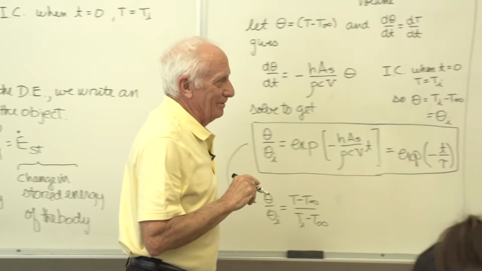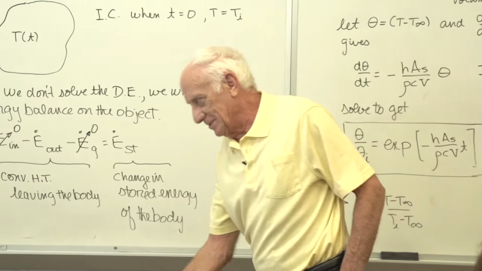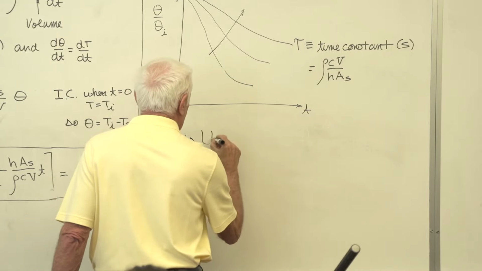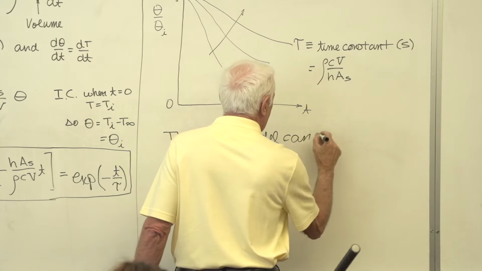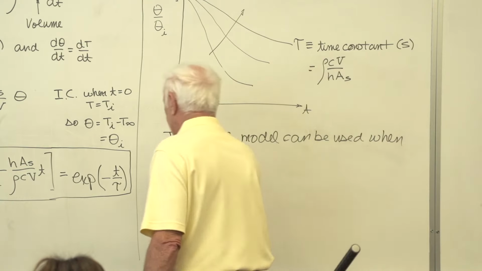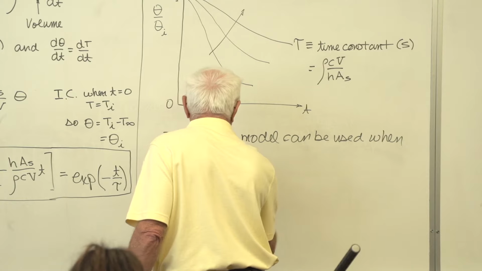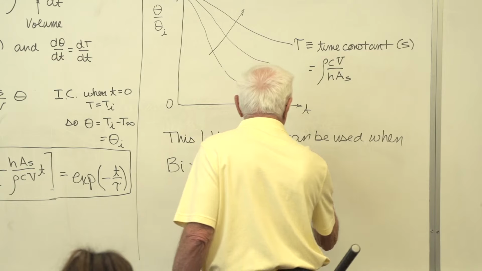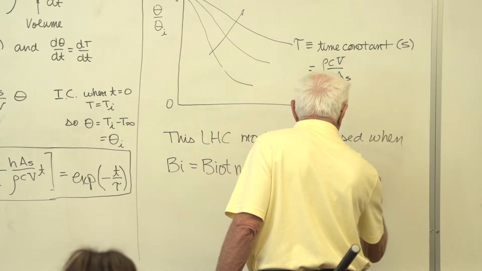But now we say, yeah, but when can we use it? Well, when we can use it is when something special happens. This lumped heat capacity model can be used when a dimensionless parameter called the Biot number, defined as h L_c over k, is less than 1/10.